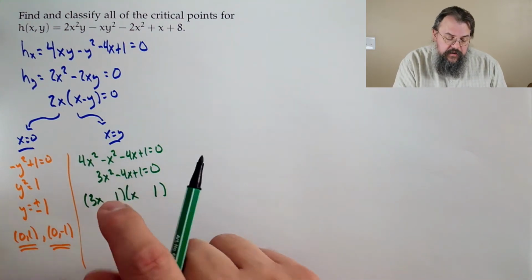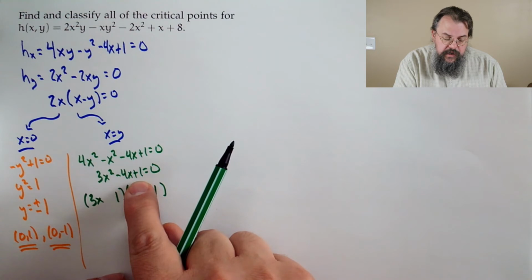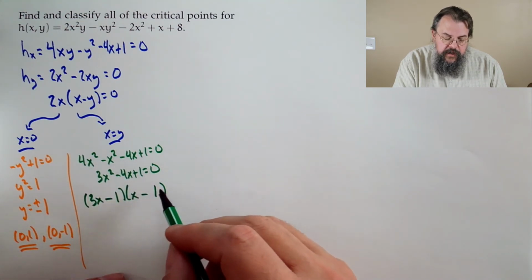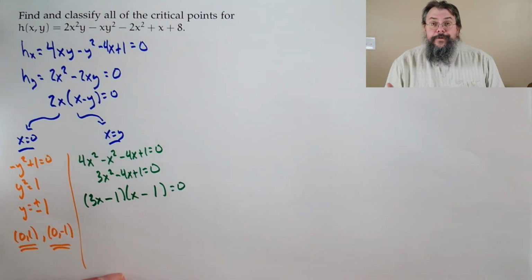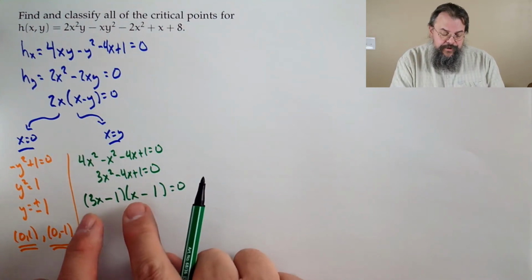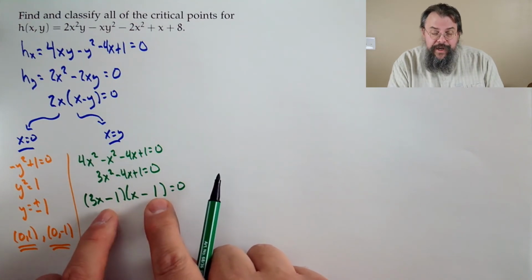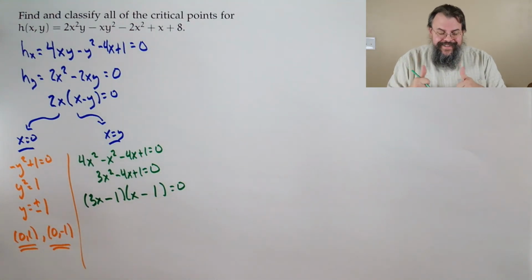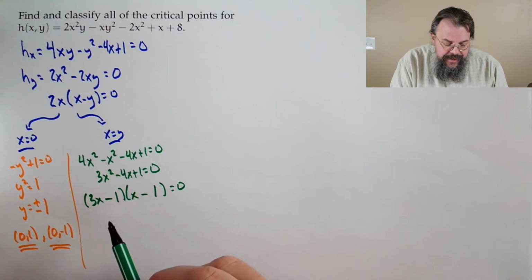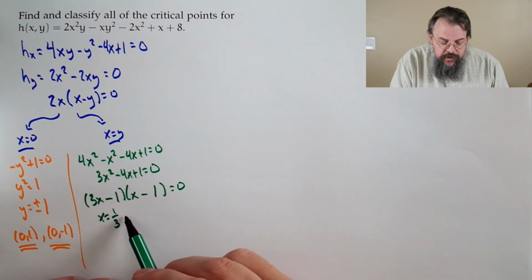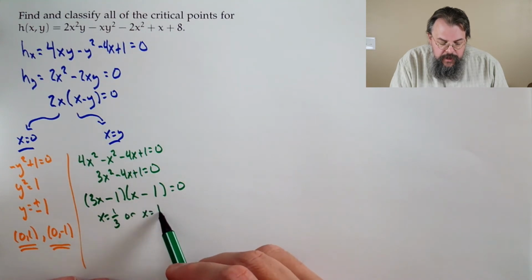The fact that there's a minus here and that positive there, so minus 4x, positive 1, so if it factored at all, it would have to factor like that. Does it work? 3x squared minus 3x minus x. That is minus 4x and then plus 1. Nice. Okay, so what does that lead us to? Well, we get x equals 1/3 or x equals 1.